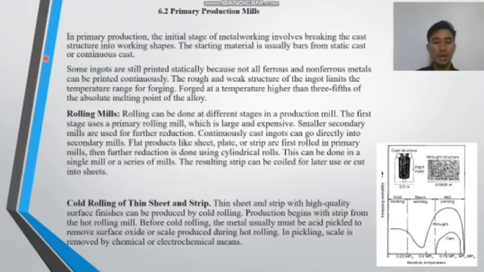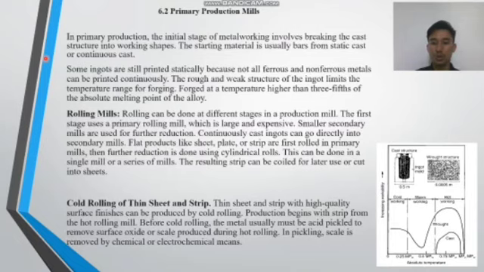Continuously cast ingots can go directly into secondary mills, but products like sheet, plate, or strip are first rolled in primary mills. Then further reduction is done using cylindrical rolls. This can be done in a single mill or a series of mills. The resulting strip can be coiled for later use or cut into sheets.